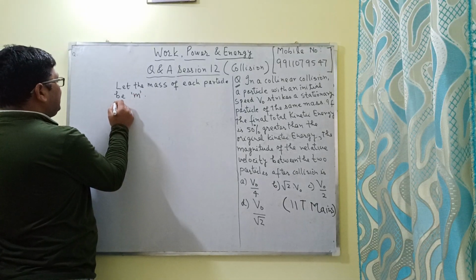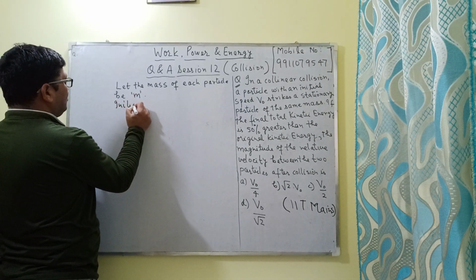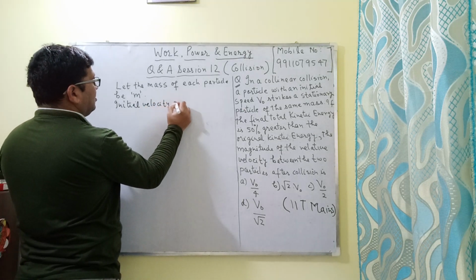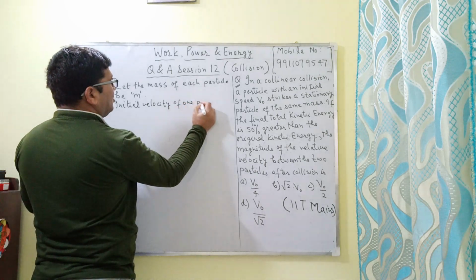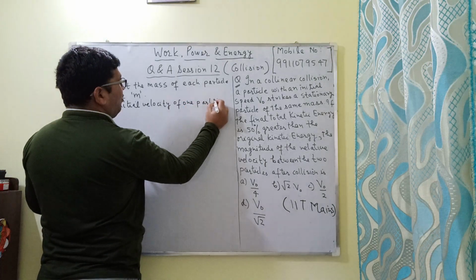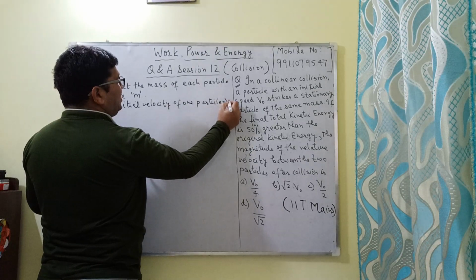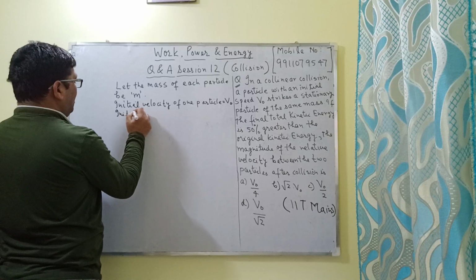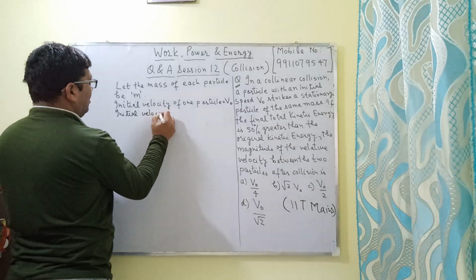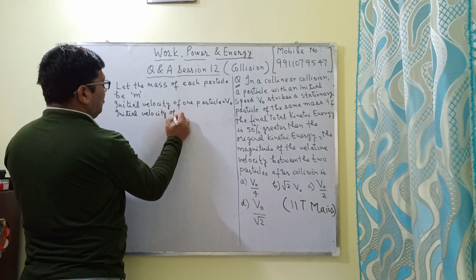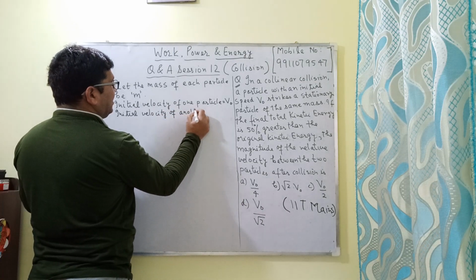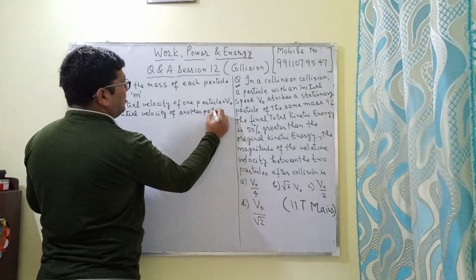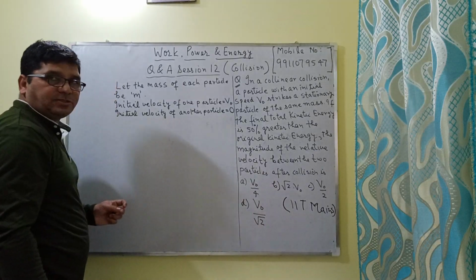So now the initial velocity of one particle is given as v0. The initial velocity of the other particle, which is stationary, is equal to 0 because it is stationary.